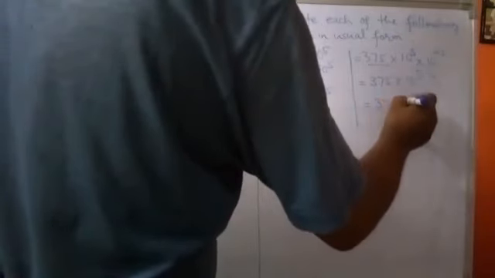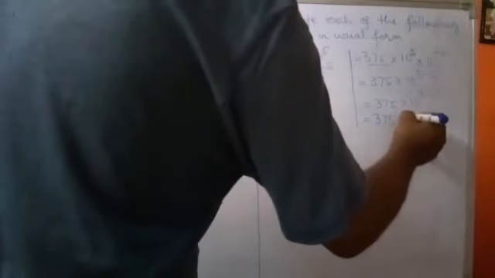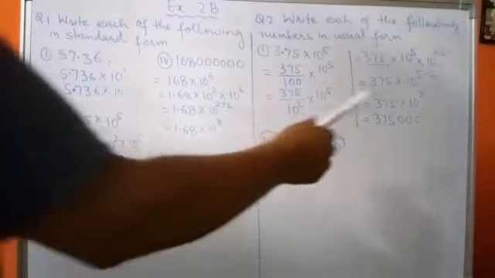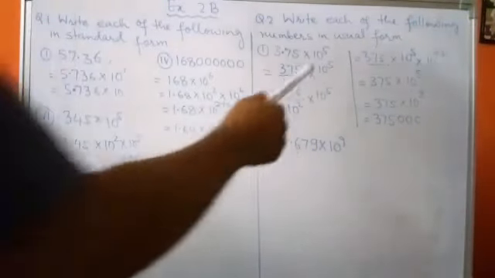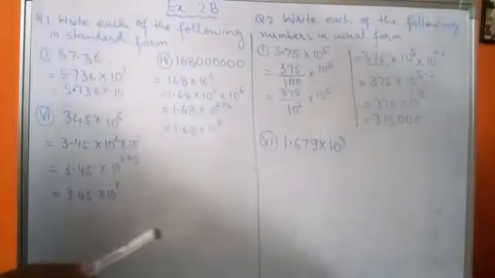In the next step, by using laws of exponents, 5 minus 2, it equals 375 into 10 to the power 3, which is the answer. Or we can also write 375000. 3,75,000 is the number, that becomes 3.75 into 10 to the power 5 in usual form.